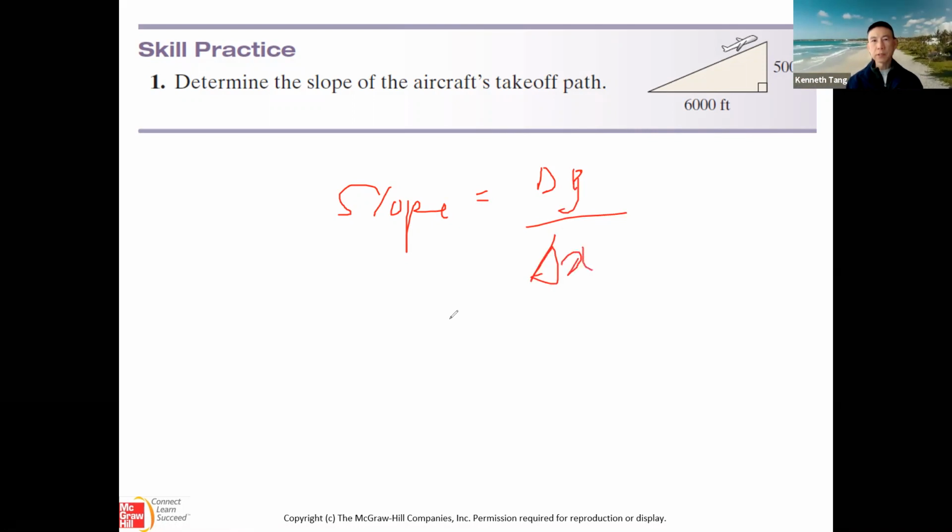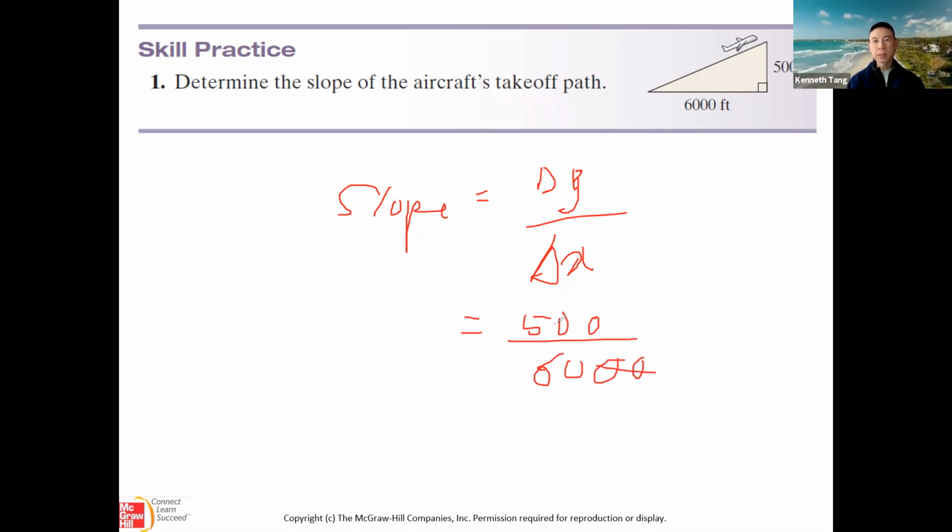Your change in y is 500 feet and your change in x is 6,000. You can simplify that, cross out the zeros, and divide by 5 to get 1 over 12. So your slope is 1/12. You can express that as a percentage by dividing 1 by 12.